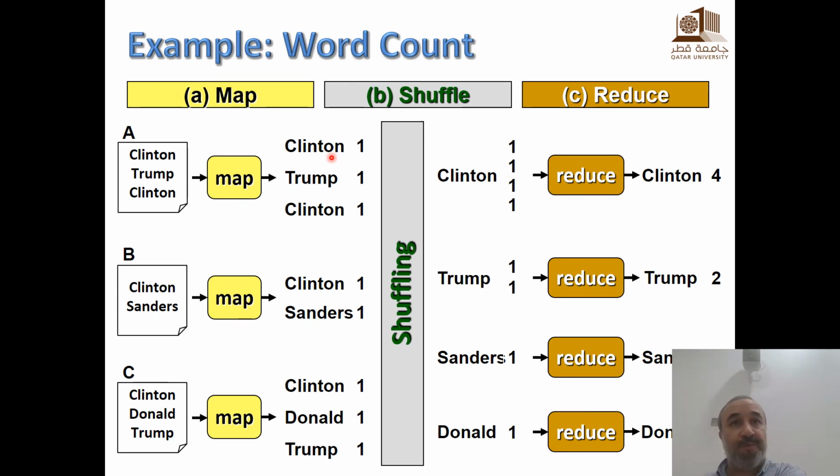This intermediate output will be grouped and will be passed to the reduce function. So one way of thinking about it is to think backwards. You start with what you want to produce, because you know that this will be produced by the reduce function. There's no way other than that. And then you see how you can get to this output.